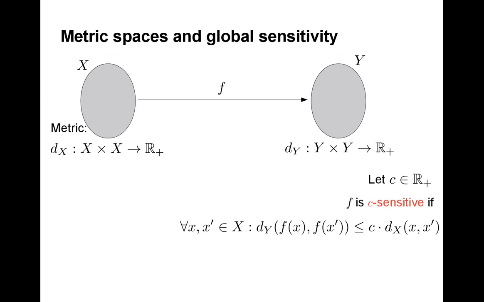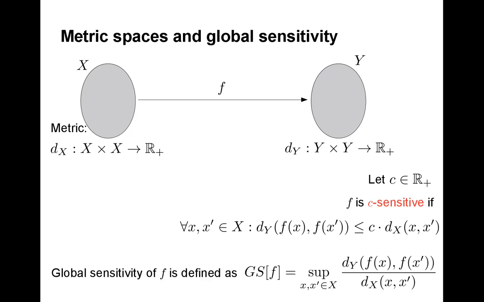And we define that the function f is C-sensitive for a real number C if the change in the function values cannot be more than C times the change in the values of arguments. And this applies for any two points in the domain of f. So to reword this, we say that the global sensitivity of f is the supremum of the following formula, where we divide the change in function values by the change in arguments.